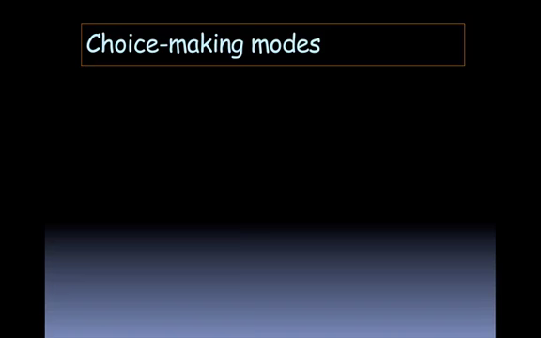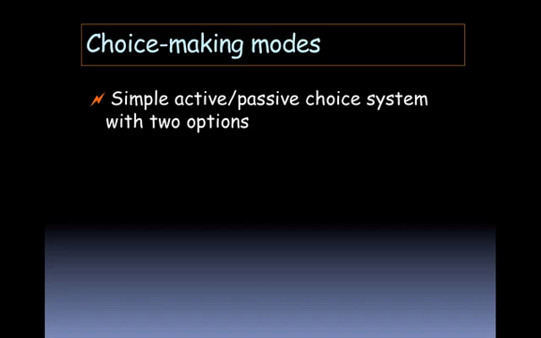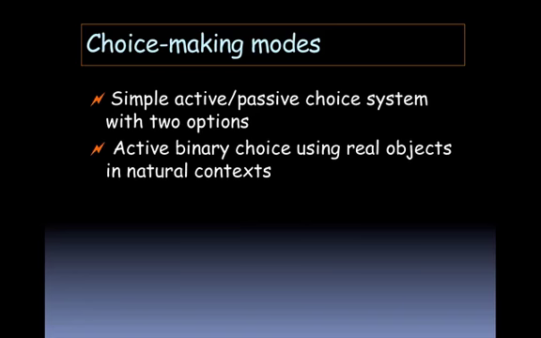There are lots of different modes of choice making. One of the most simple choice making modes is an active-passive choice system, which we're going to get into a little bit later. Second is two choices with real objects. So basically, if you are in your kitchen and you hold up an apple and an orange and you say, which would you like? Then the person can point to the apple or point to the orange, or say, I want the apple, I want the orange, or make any kind of verbal approximation.